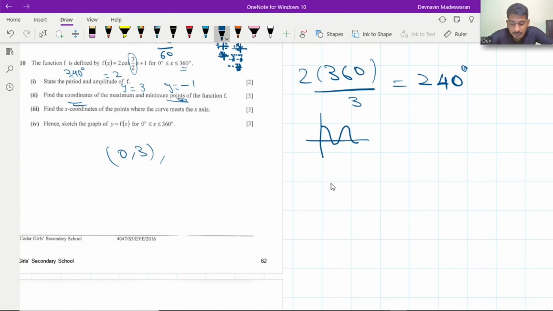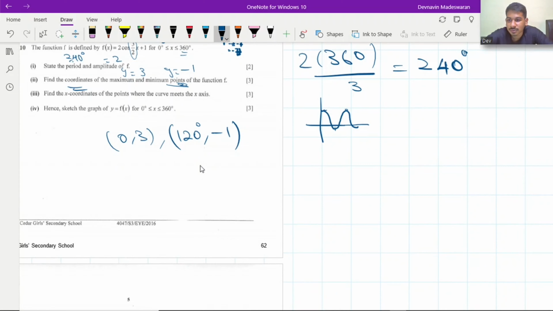And then for the minimum, it's going to be at the lowest point, which is like half a period. A period is from here to here. So half a period is here. So that's going to be 120 degrees, and negative 1.